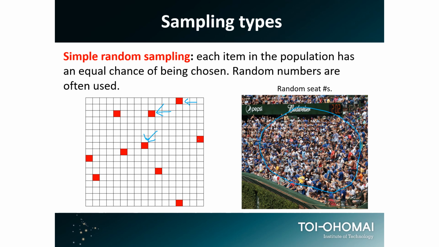We wouldn't pick just good-looking guys or pretty girls, or the people who don't look intimidating to the researcher, or the first 20 that come out of the seats to go buy a soft drink or a hot dog. So we want to try to eliminate our own bias, and we have bias whether we know it or not.